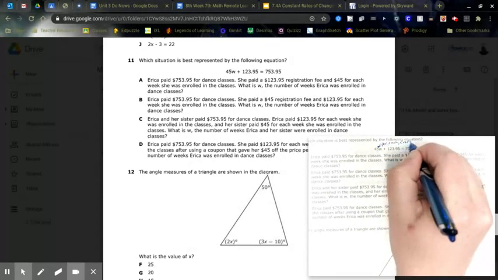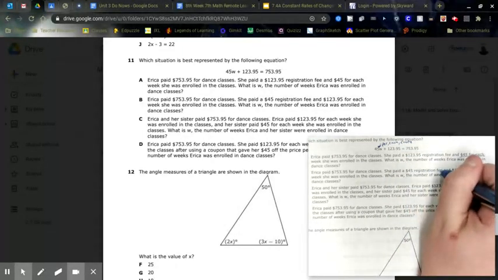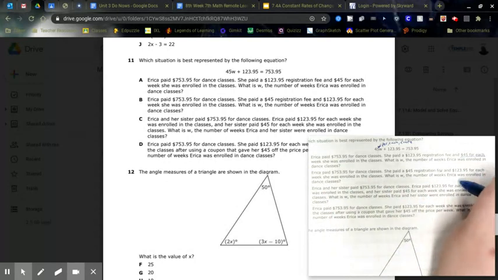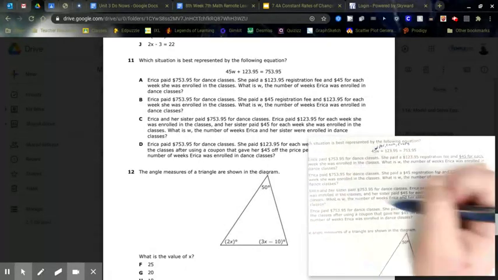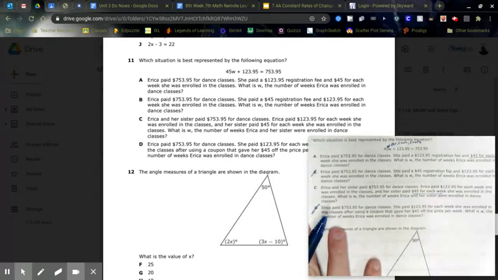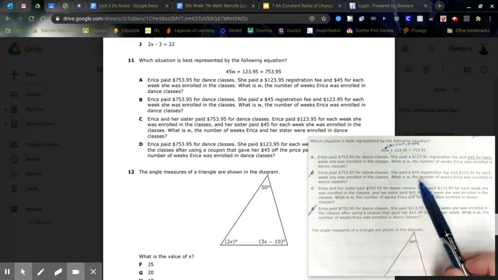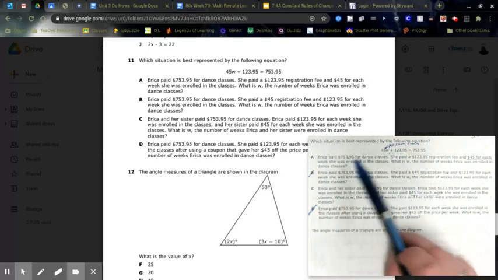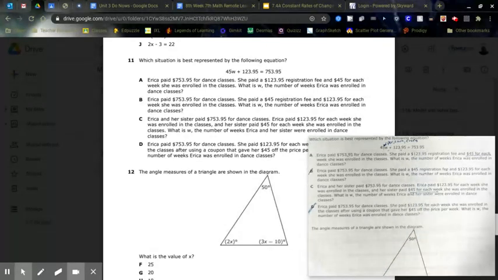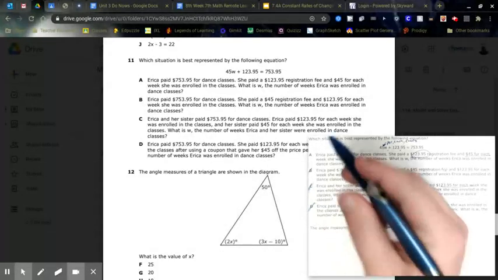Let's go look at our 45s. $45 for each, that's good. $45 registration fee, so no, that's not good. $45 for each, so that's good. $45 off the price, so no. So we know it's A or B. Then we're adding on an extra $123.95, so she paid a total of that. She paid a $123.95 registration fee. That looks good. What about this? She paid $123.95 for each week. Ooh, for each week. So no, because we don't want each there. So it's A.